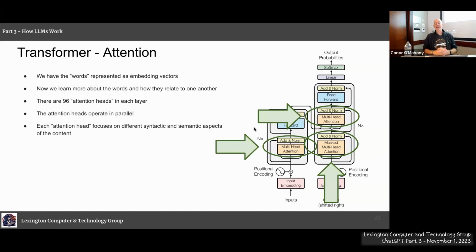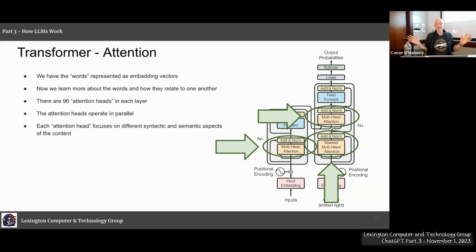NX is the number of layers. We've actually got 96 layers as well. These layers can be visualized as a stack, one after another. Layer 1, layer 2, layer 3, layer 4. So we've got 96 of these, and within each of these, we've got 96 heads doing something. So let's learn more about what they do.